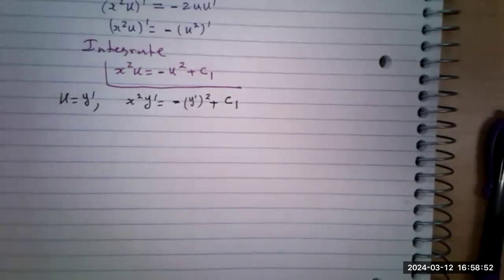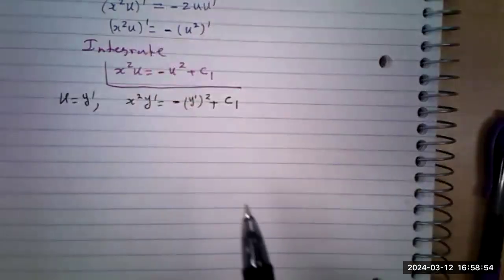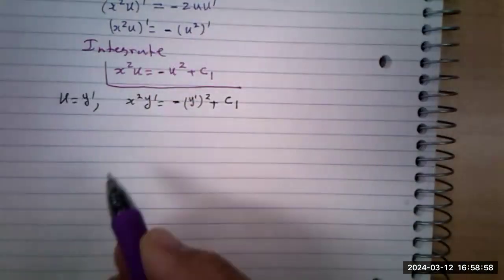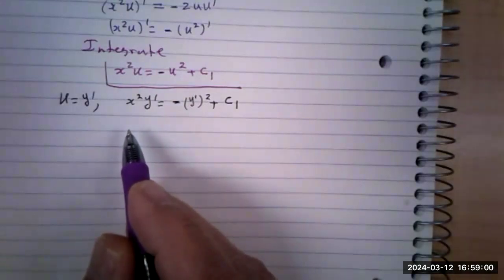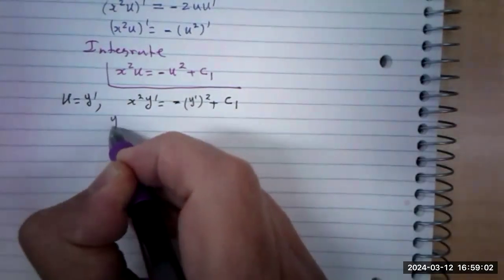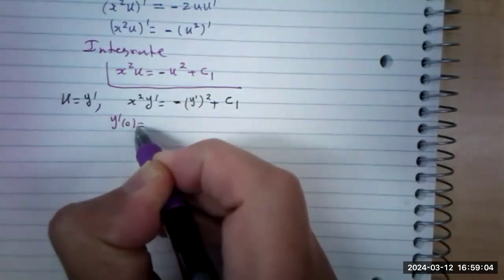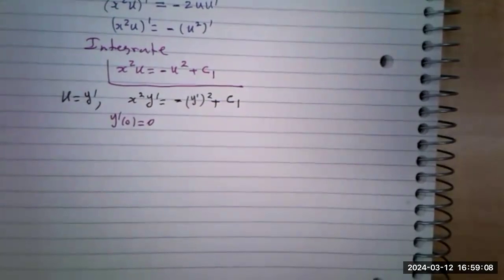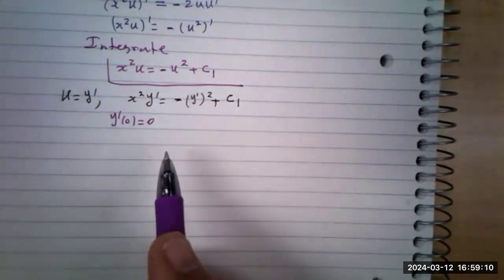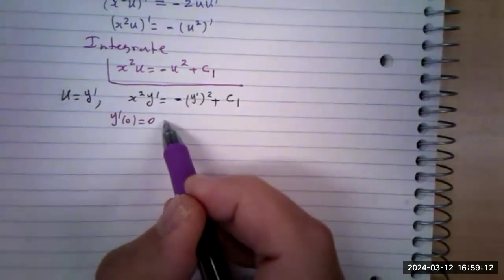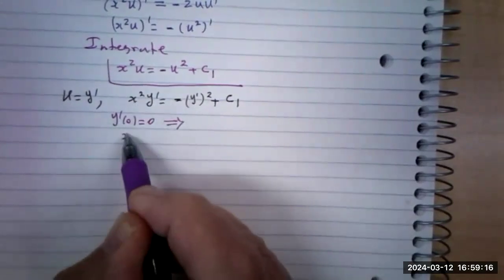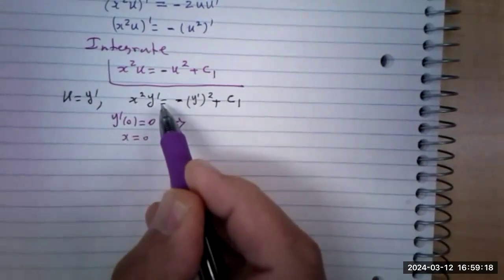So the initial condition, we bring it in. The initial condition is y prime of 0 is equal to 0. There is no y. So we just apply this initial condition. So x is 0, that gives 0 here.